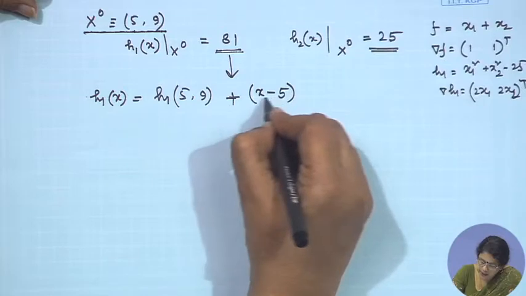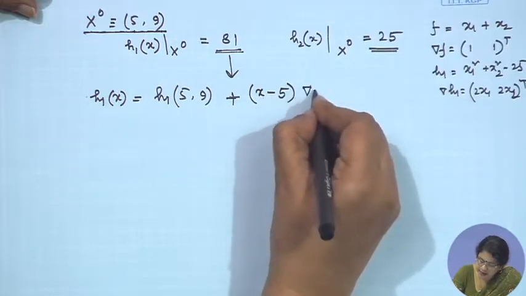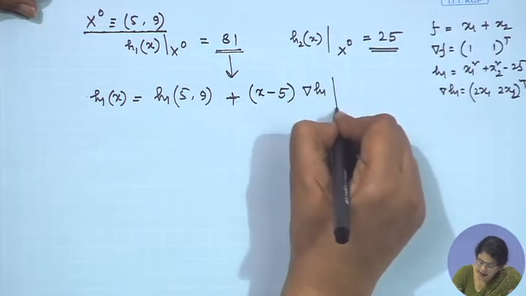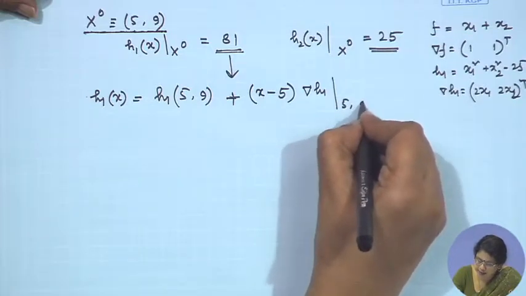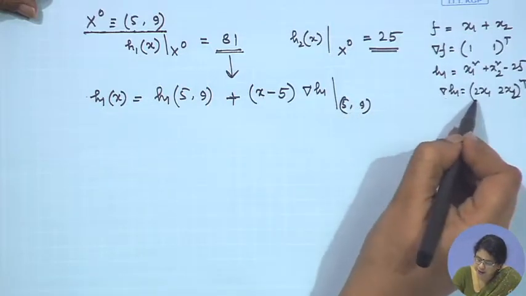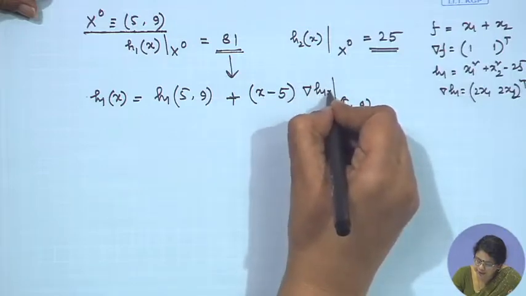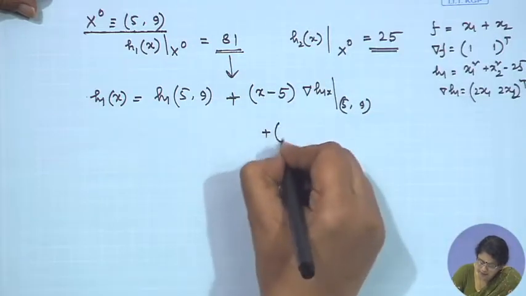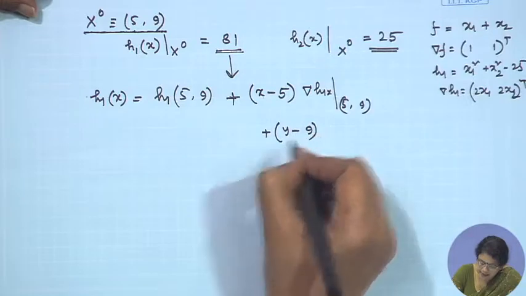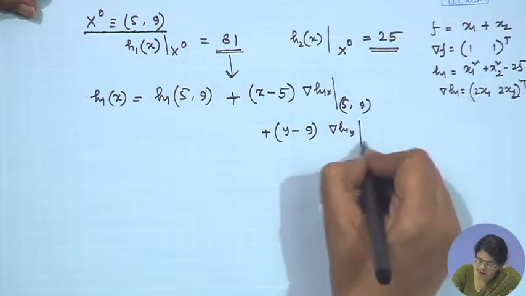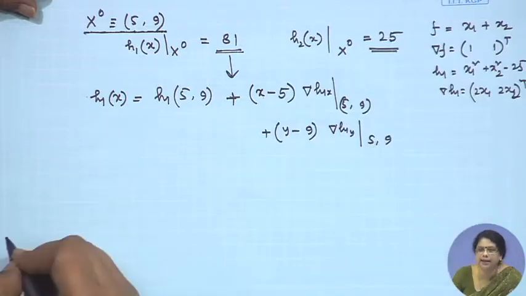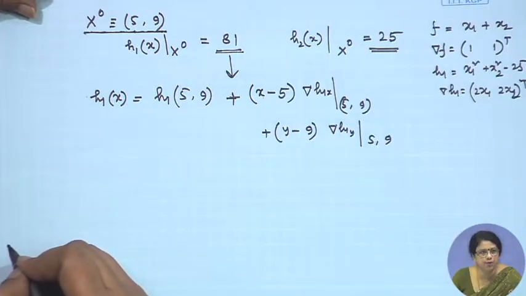That is why (x minus 5) times the x part of grad of h1 at point (5,9), plus (y minus 9) times the y part of grad of h1 at (5,9). Is that clear? Okay. That is through Taylor series I am expanding.